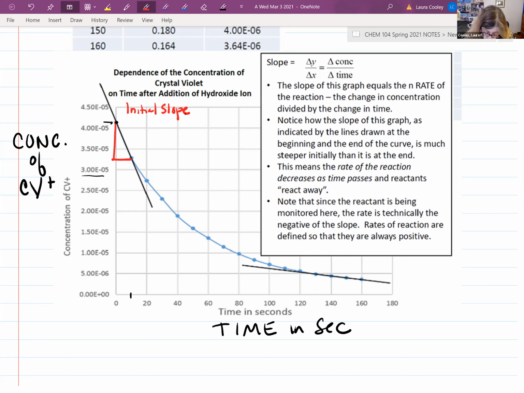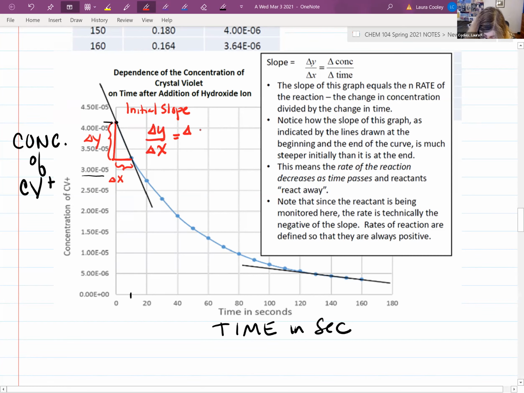And the initial slope, well, how do you calculate a slope, right? It's the delta y over the delta x. So delta y over delta x, which is the change in the concentration of the crystal violet over the change in time. Okay, and you can see that it's got a very steep slope.